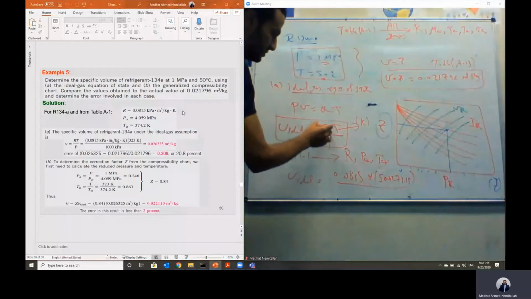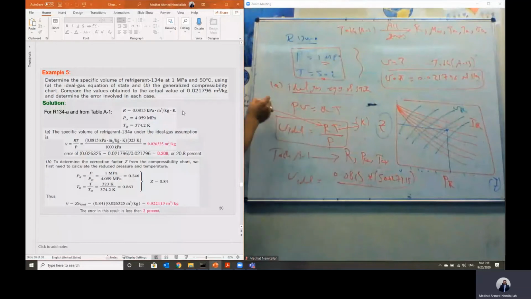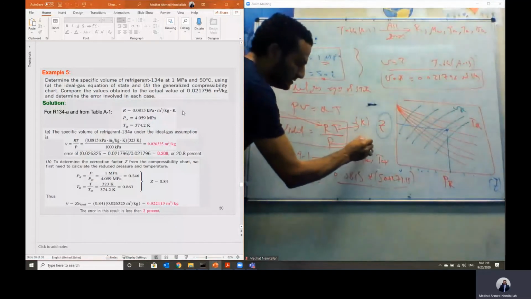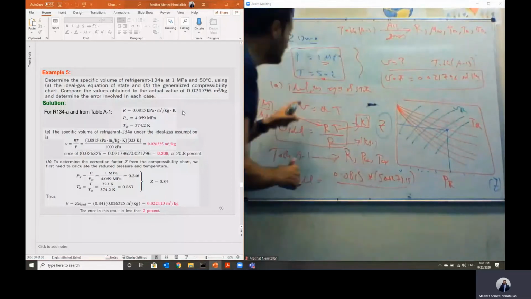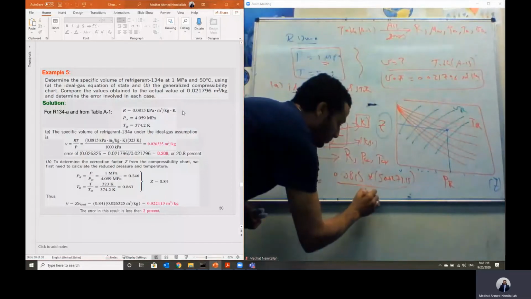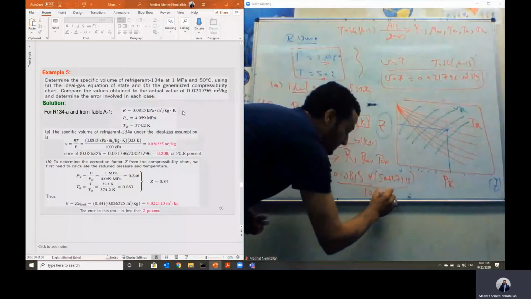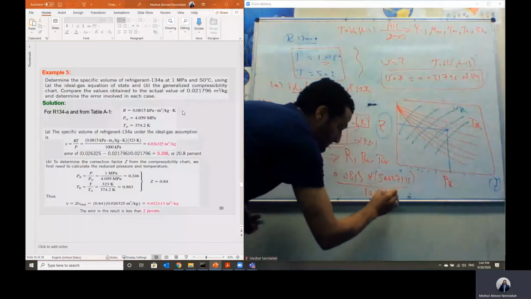As R is in kilojoule, the pressure should be in kilopascal, so 1 megapascal is 1000 kilopascal.